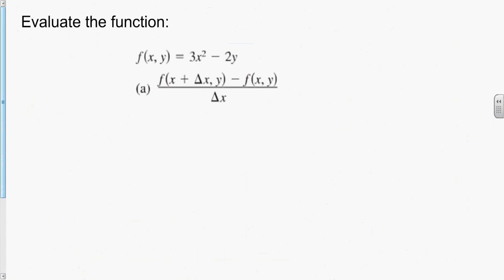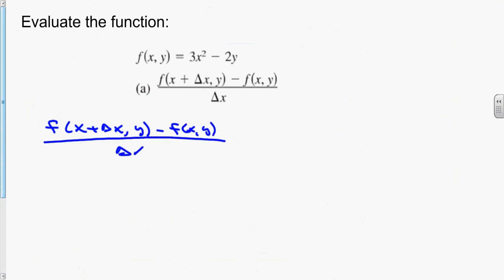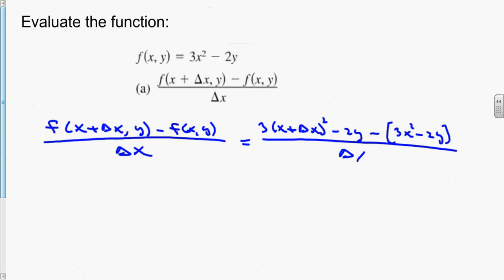So here, what we do is we find f of x plus delta x comma y minus f of x y, all over delta x, which is equal to 3, where I have x, I write x plus delta x, to be squared, minus 2y. Now this is minus f of x y, that's bracket 3x squared minus 2y, all over delta x.